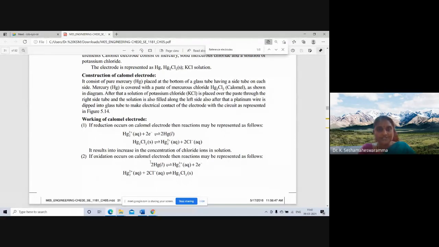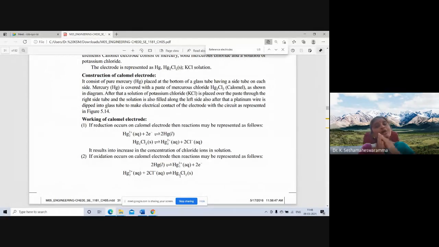If oxidation occurs on calomel electrode, then the reactions may be: mercury liquid further converted into the mercurous ion by releasing electrons. This formed mercurous ion, accepting chloride ions present in the aqueous solution, converted into mercurous chloride.